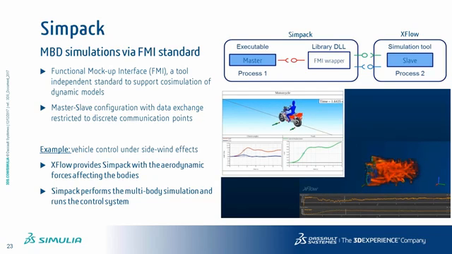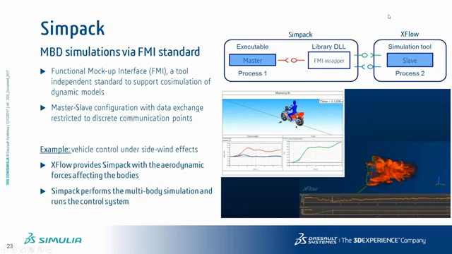So what we developed is two-way coupling with Simpack using the FMI standard, Functional Mockup Interface, which is basically a sort of independent library or standard, and tries to support co-simulation data exchange between different software. The configuration, as you can see on the right-hand side, is a sort of master and slave.